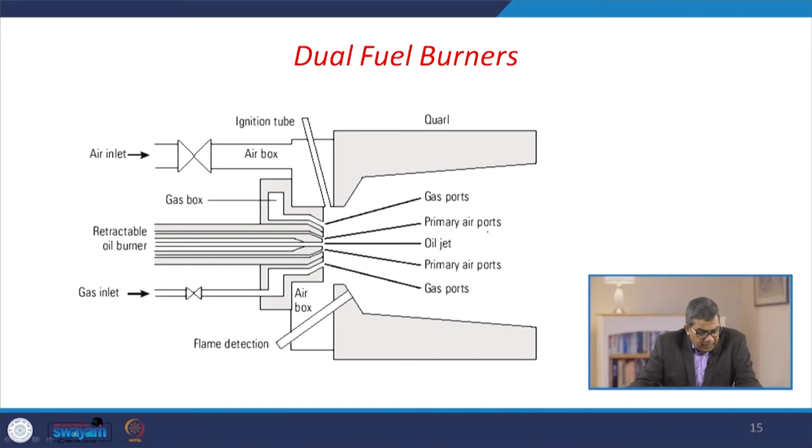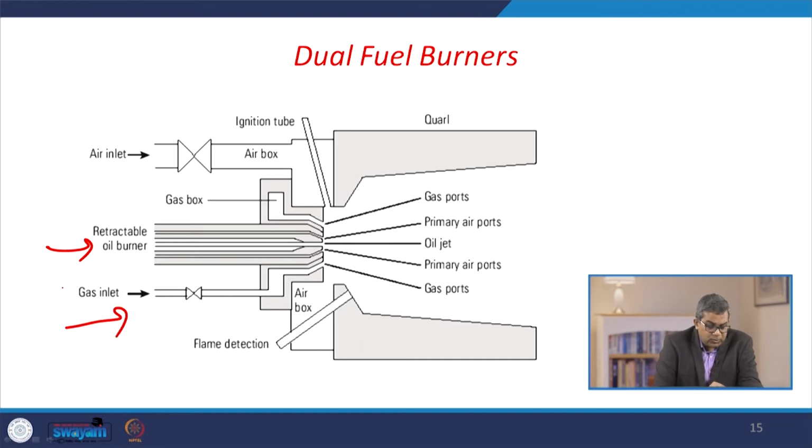Another is the dual fuel burner. Sometimes, for a variety of reasons, you may go for oil as well as gas as a fuel source. Dual fuel burners offer a very good candidacy for this approach. Here you see that you have oil and you have gas.